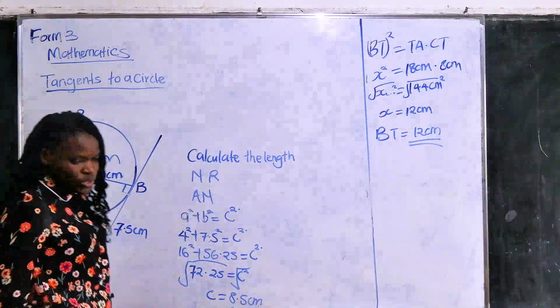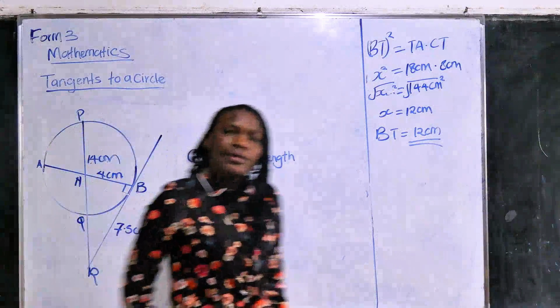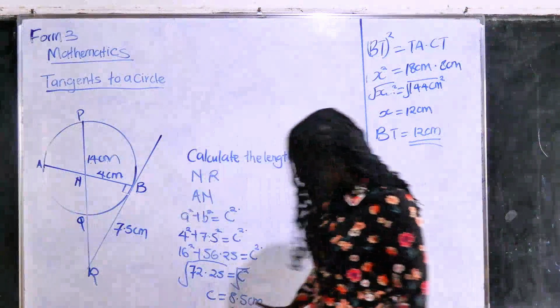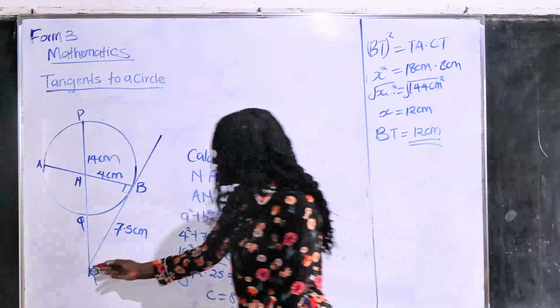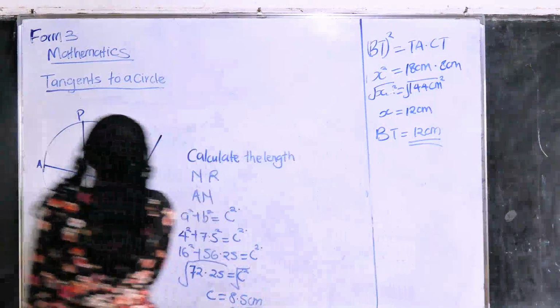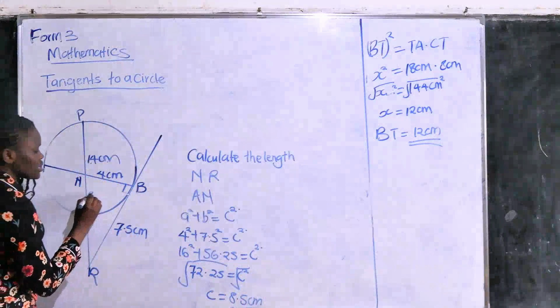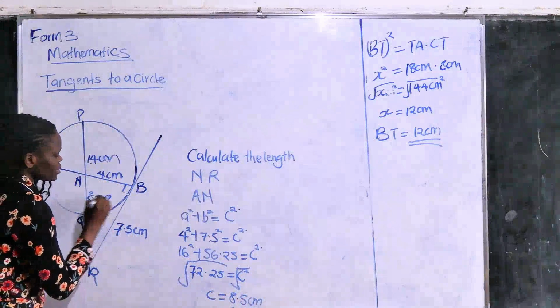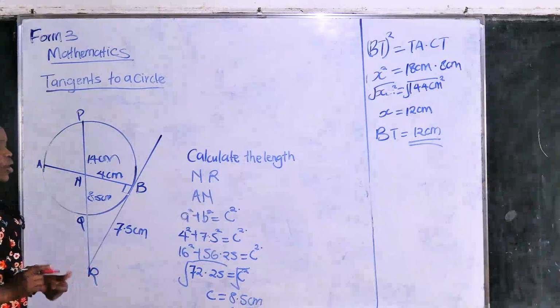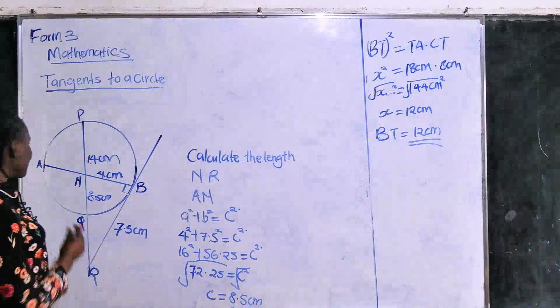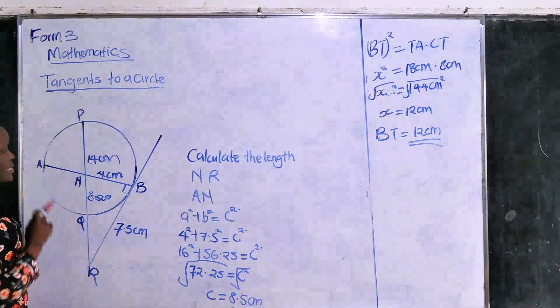We know the unit was in centimeter. And that is my NR, the distance from here to here, 8.5 centimeter. Don't forget the units. So after that, I want us now to find AN.